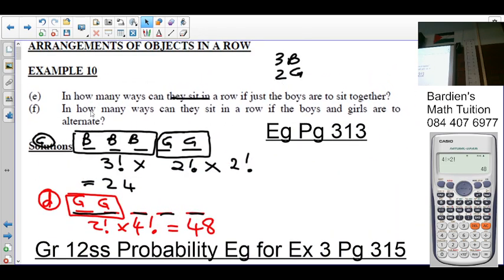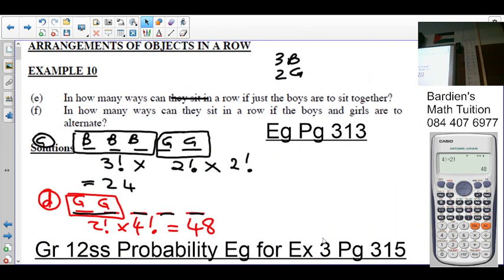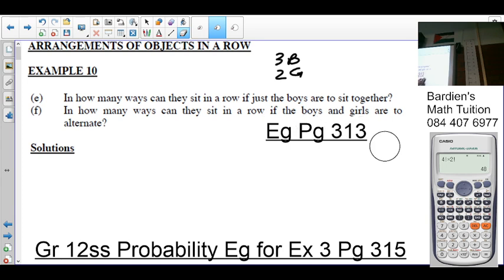So let's look at E and F. In E we are told, in how many ways can they sit in a row if just the boys are to sit together? How many bids do I draw here? 5. 1, 2, 3, 4, 5.